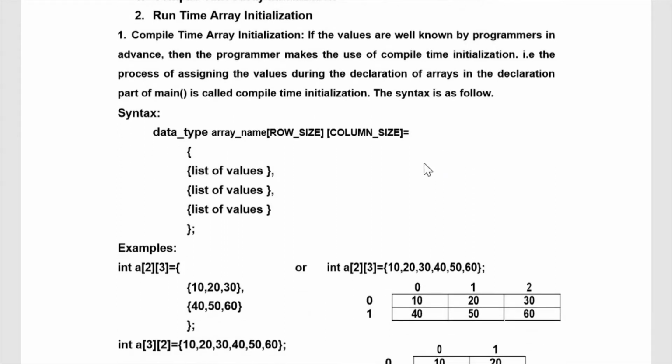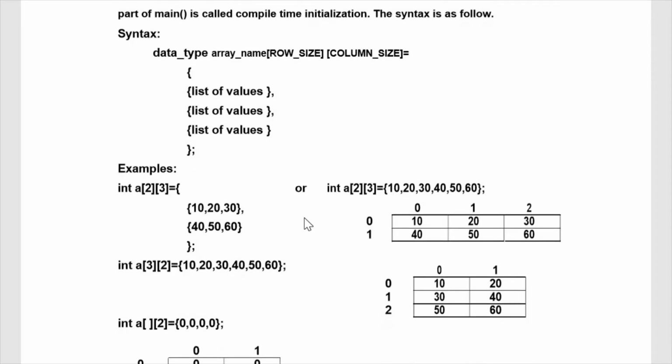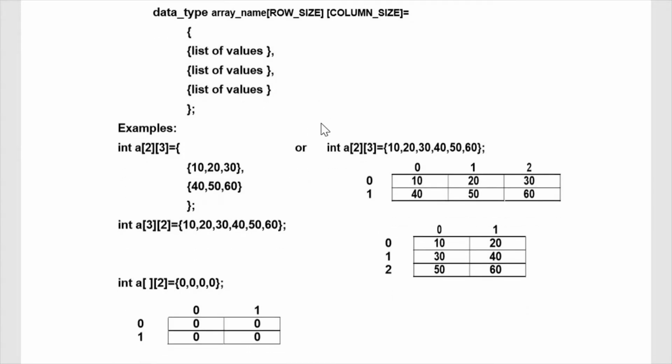So the syntax is as follows: data type, array name, row size and column size equal to opening and closing curly braces. I can give the list of values as it is shown here. So if the user knows the values before the program itself, he can initialize the values.